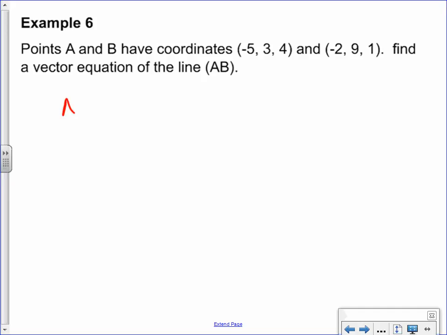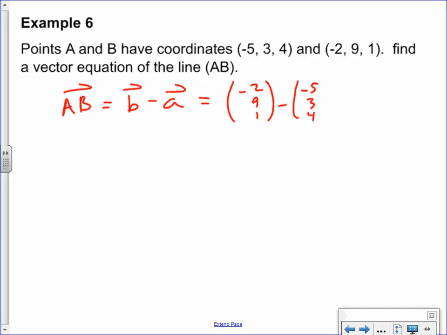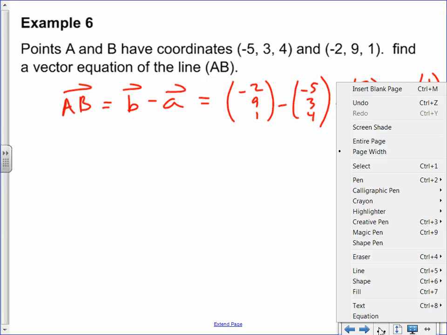We know that AB is vector B minus vector A. So -291 minus -534 is like 3, 6, -3. Notice all of that can be reduced, so there's a scalar, which is 3. So it's just 3 and then 1, 2, -1.